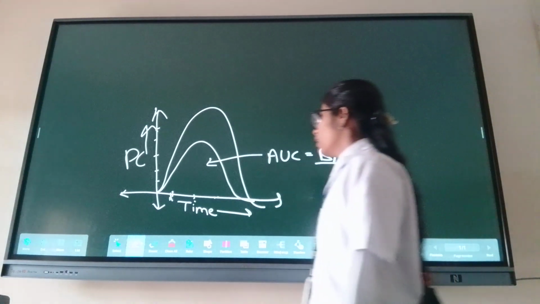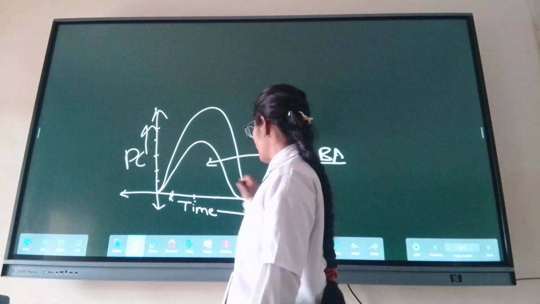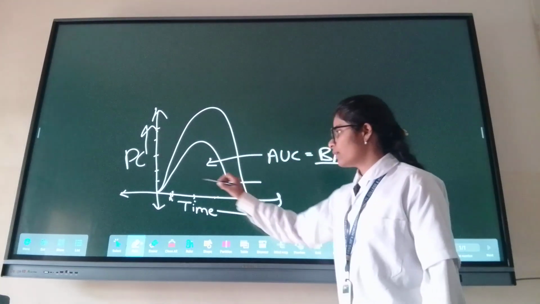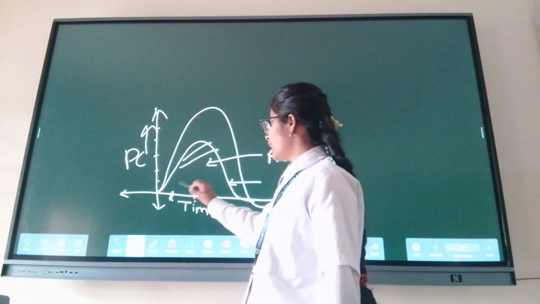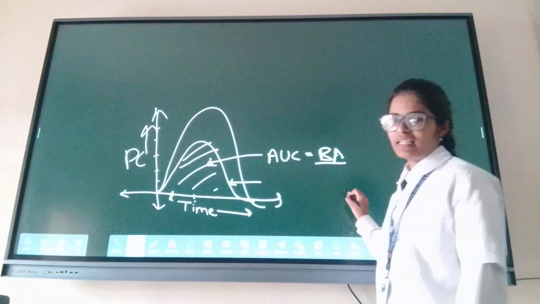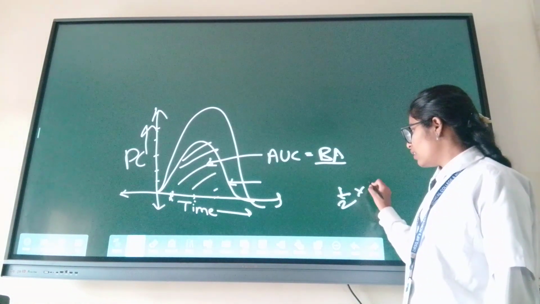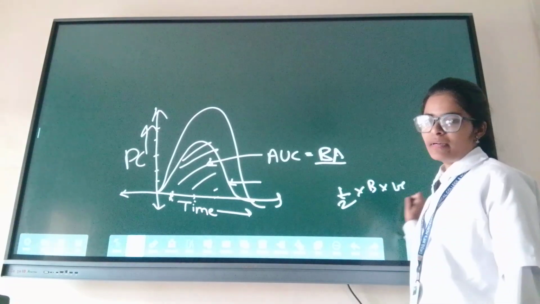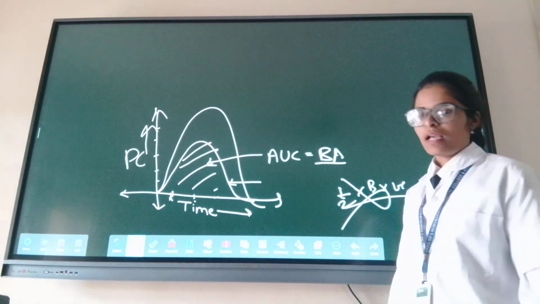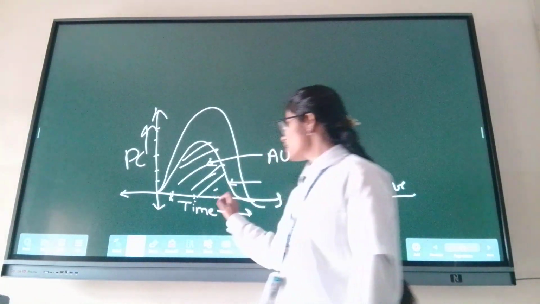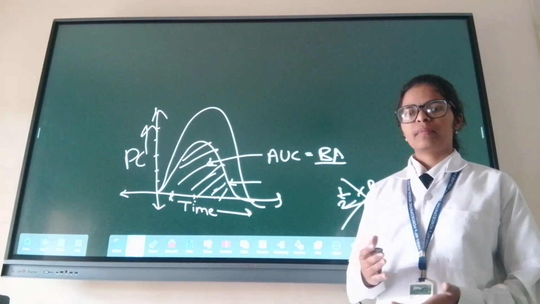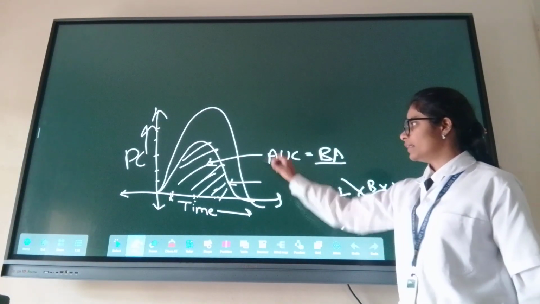So this is the bioavailability, and we measure this area. You know the area of a triangle, half into base into height, but I am not interested in mathematics. I am interested in the area under the curve. Whatever the value is, it is the bioavailability.